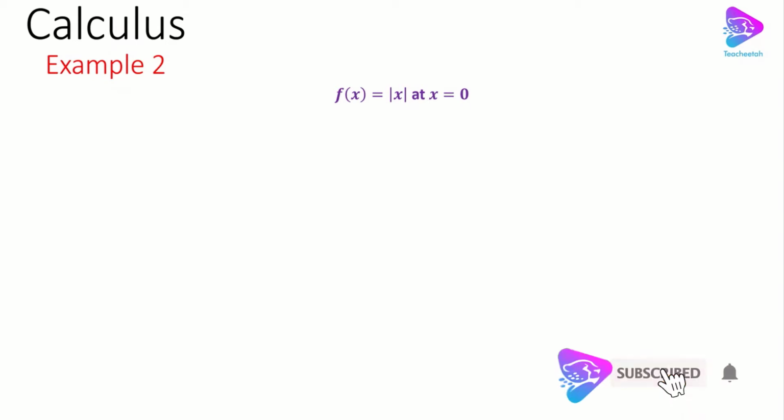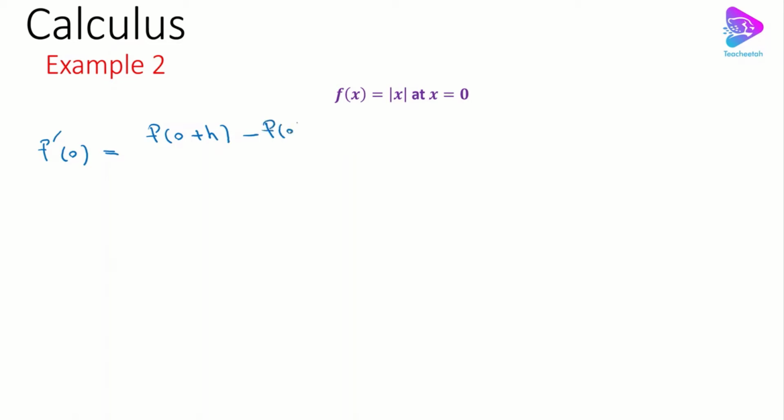We can write that in the form of f prime of 0, and now instead of x we use 0. It's going to be f of 0 plus h minus f of 0, over h, when h is approaching 0.